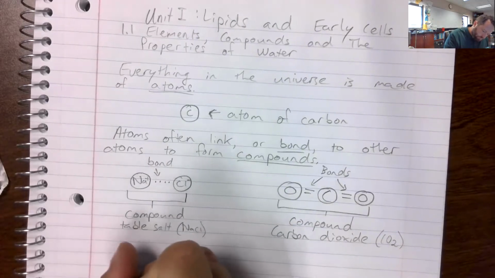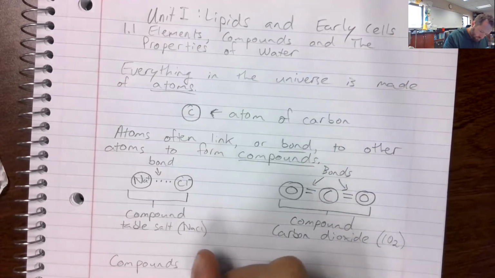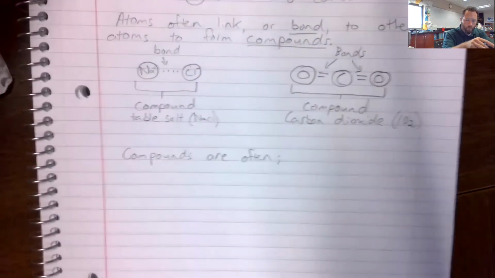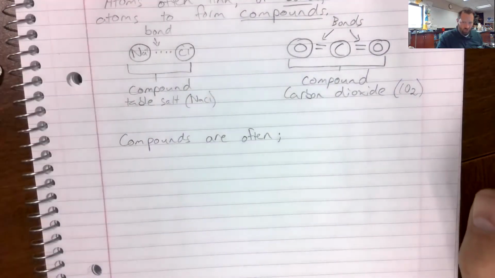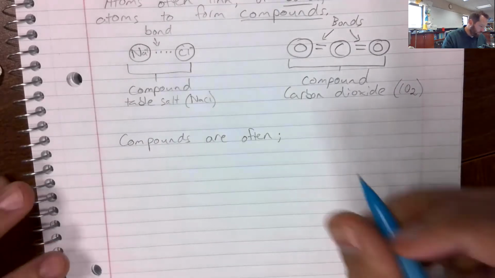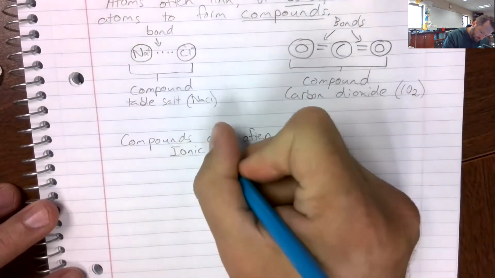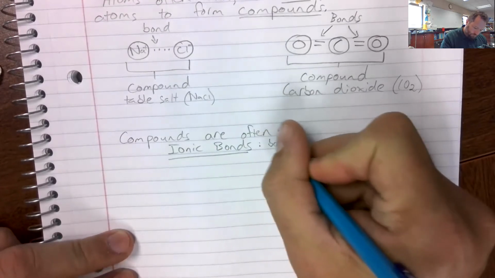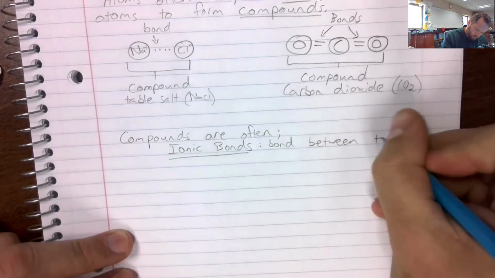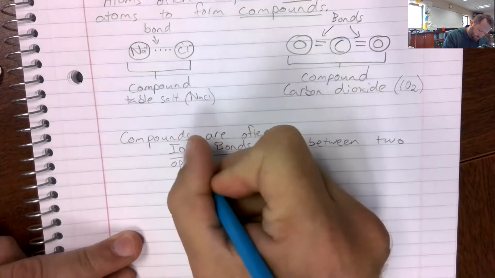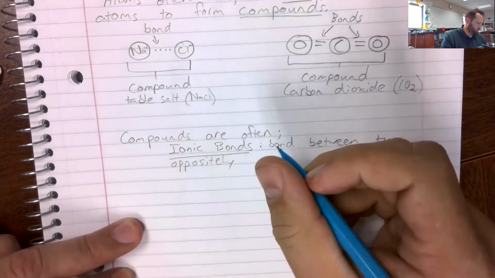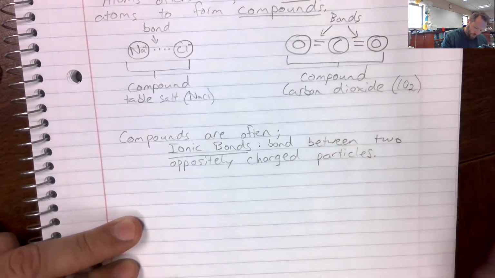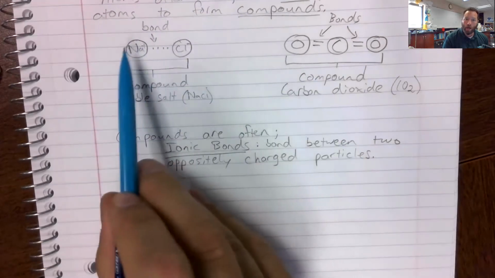Compounds are usually, though this isn't always the case, because we'll take chemistry next year and learn that there are other types of bonds, either ionic bonds, which is a bond between two oppositely charged particles.